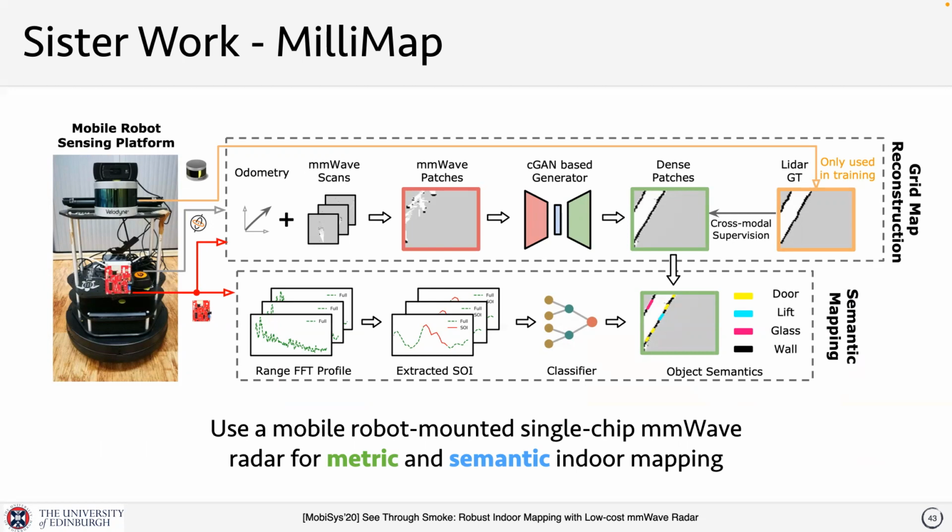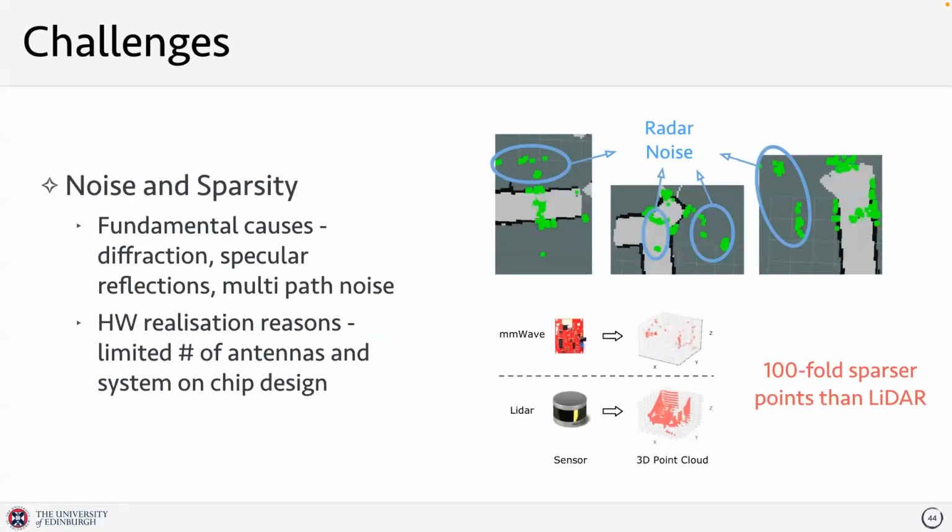Ideally, it would be better if we could not only get the metric map of the environment, but also the semantics of the obstacles on the ground, which can give firefighters a safer, semantic notion. We do have both in our work, but due to time limits, I will just focus on the metric map reconstruction in this talk.